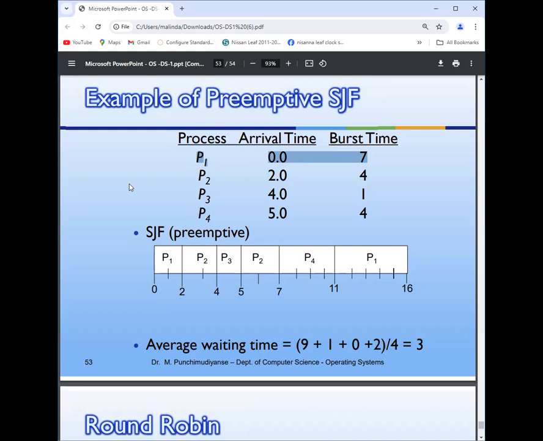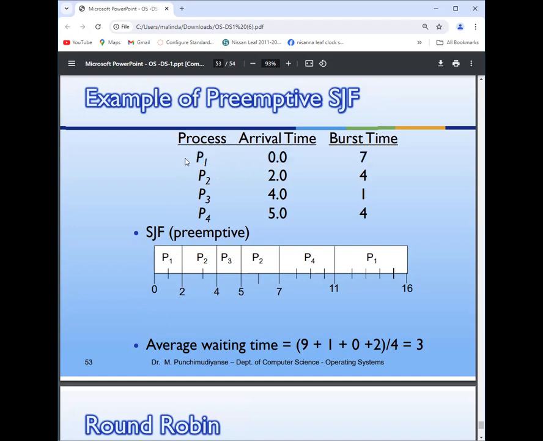I am doing it slowly because I don't want to explain this again. So the only job remaining in the queue is P1. So we will give the P1 time to run. So at time equals 0, we start with the P1.